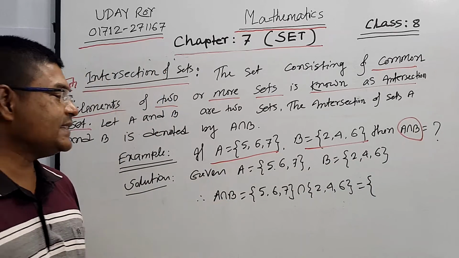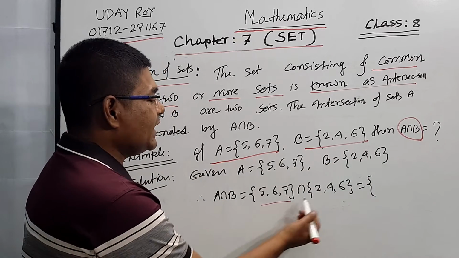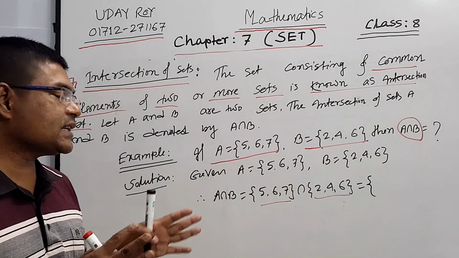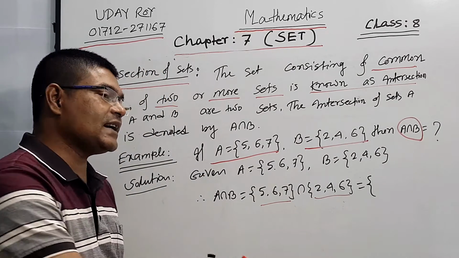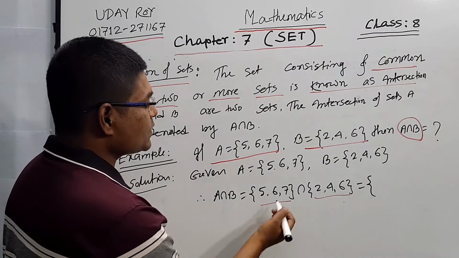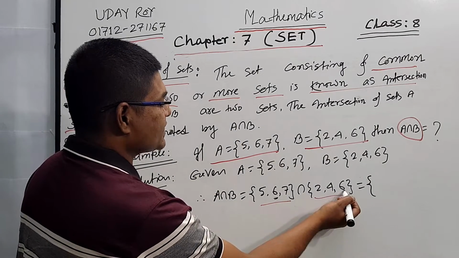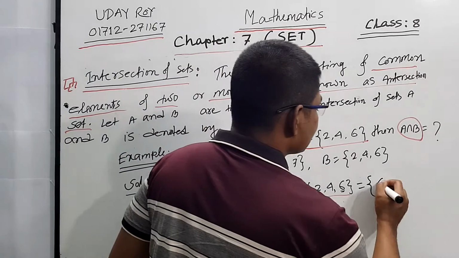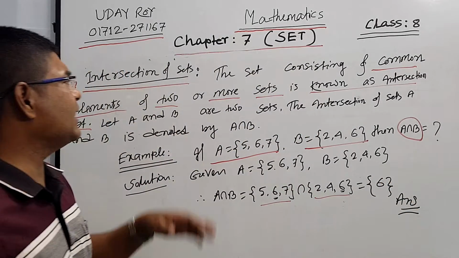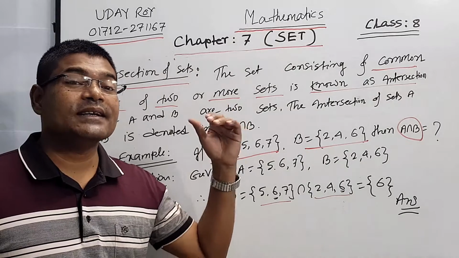You have to write A, then intersection, then B. Intersection means common. Here the common is only 6. This is the answer. So we have learned union and intersection.